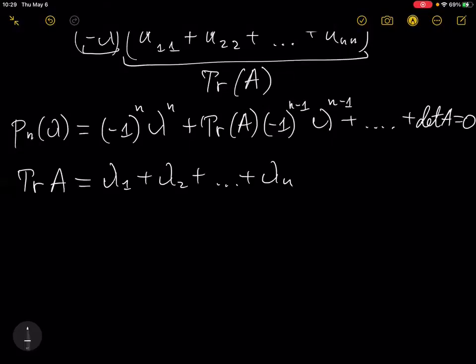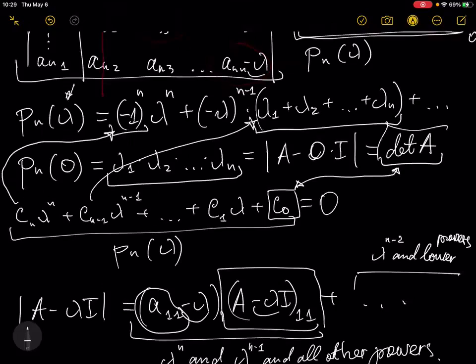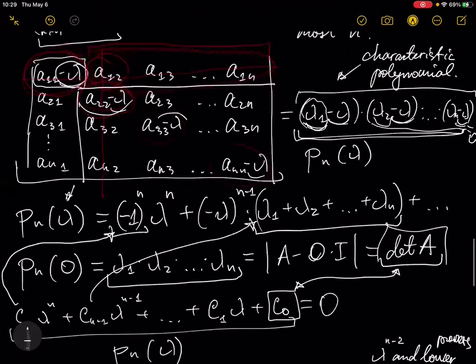But I also have proven that the determinant of A, this constant, is equal to nothing else but, if you substitute here lambda equal to 0, all these will go away and it will be just the product of eigenvalues.